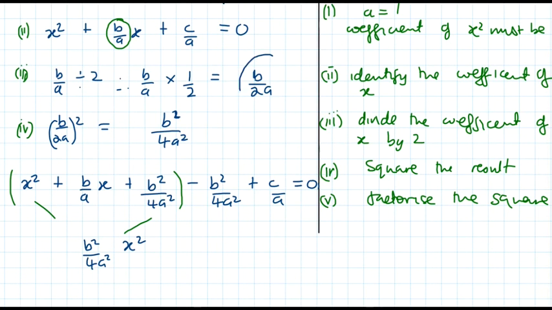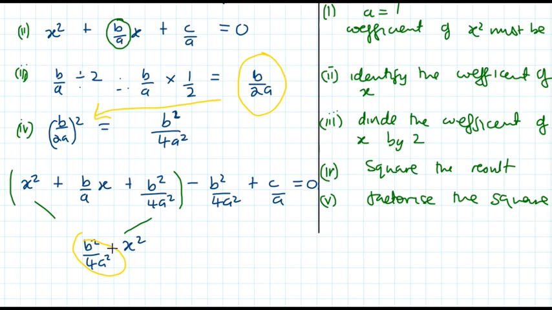Okay, let me use blue. When we divide by 2 here, we got b over 2a, right? And the result which we got gives us this product, and this product is also the same as this one, because b squared over 4a squared is the same as this product.